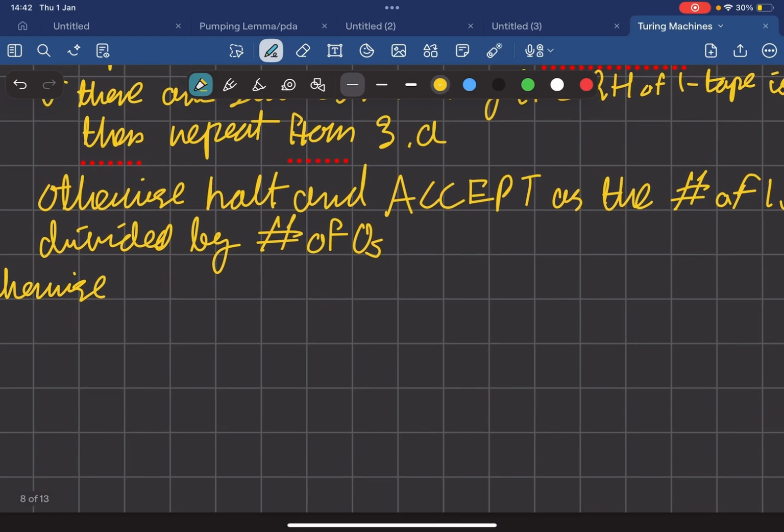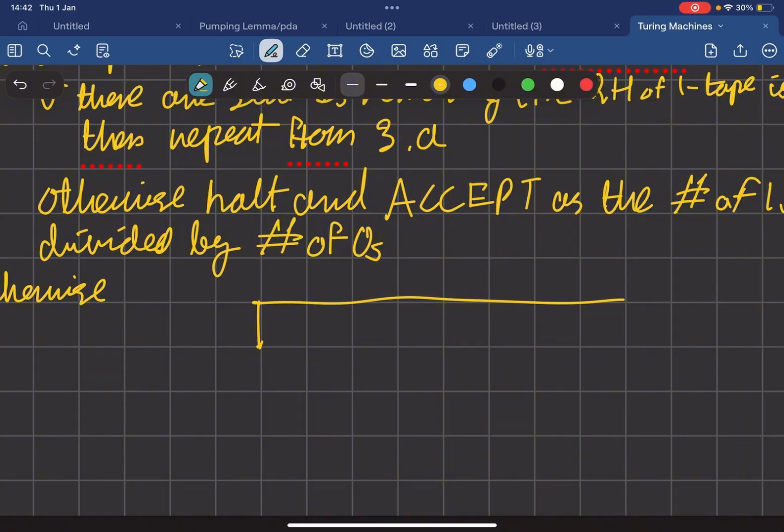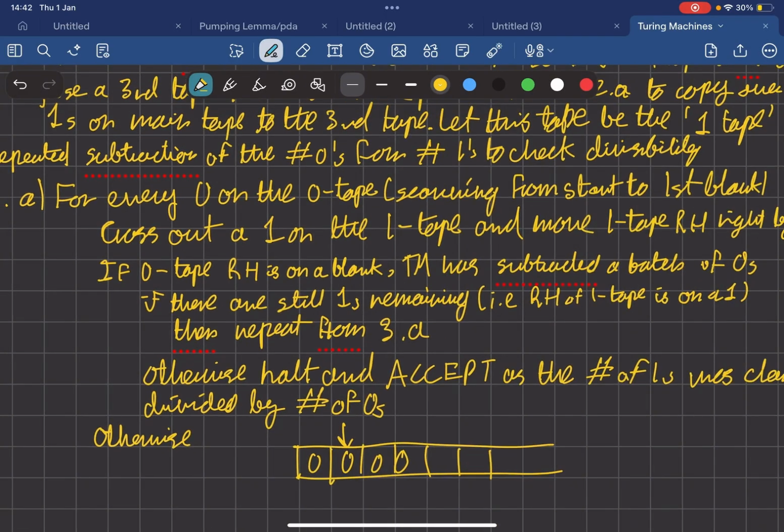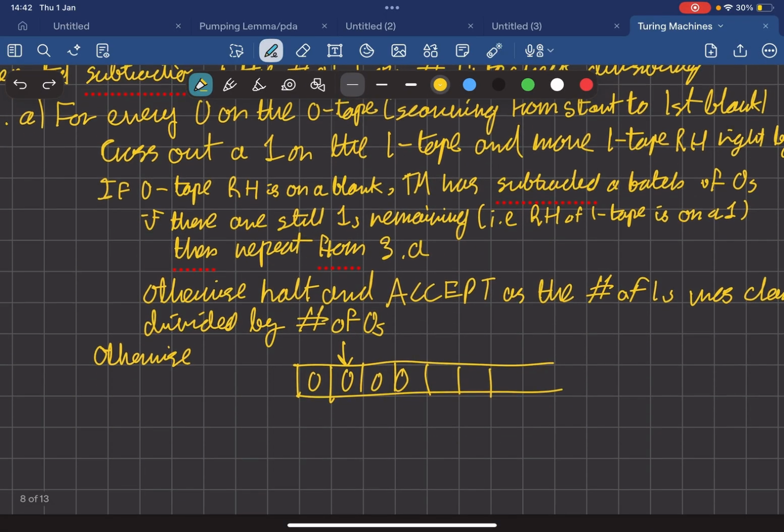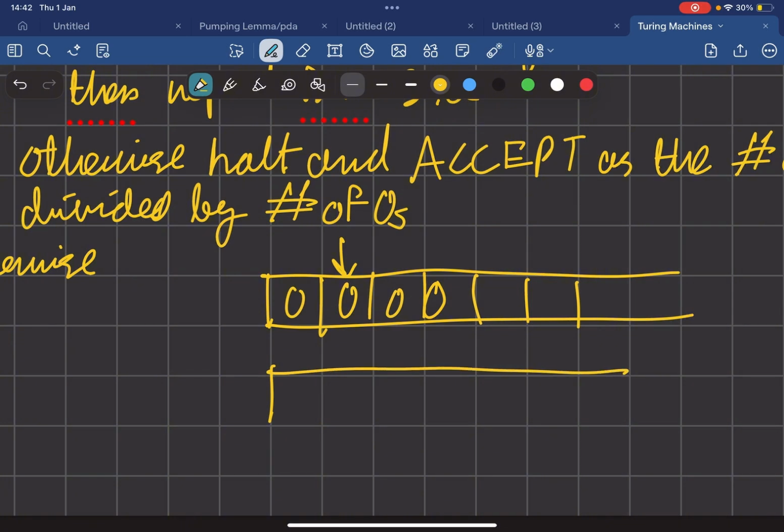So what I mean by that is if we had this 0 tape and the read head is not on a blank, so this one failed, then we need to check if there is still a corresponding 1 to remove.